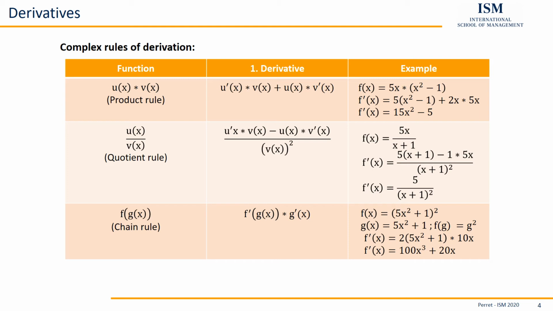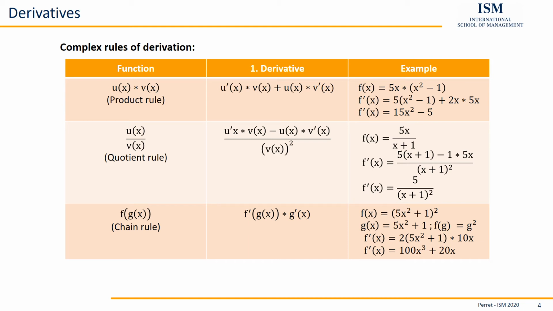And then I divide all of this by x plus 1 squared. If I then factor out the first brackets, summarize, I get 5 divided by x plus 1 to the power of 2. So that's how you work with functions that are connected by division, or rather one function divided by another function.